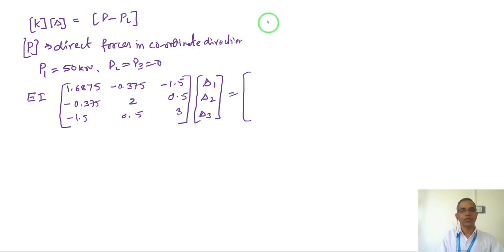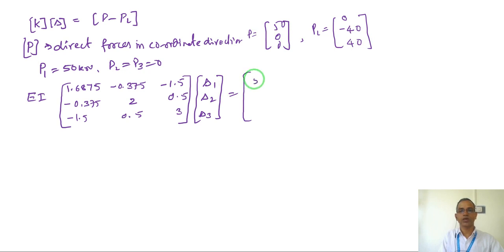So I know P was 50, 0, 0 and PL was 0, minus 40 and plus 40. By subtracting, P minus PL gives me 50, 40, minus 40.